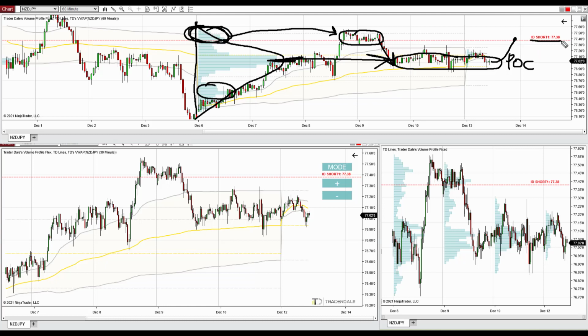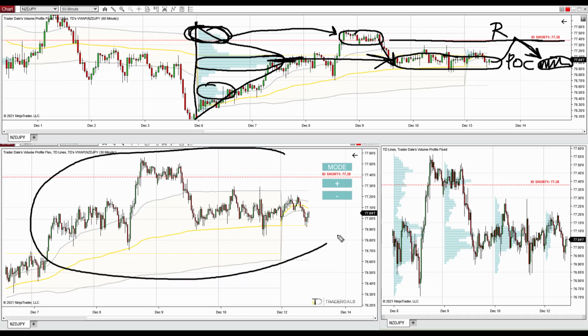In this case, it begins at 77.38 and go short from there towards the point of control, towards this. This could be the take profit, right? Because point of control in cases like this works as a strong magnet. So this should work as a strong resistance and the price should go back towards the point of control.